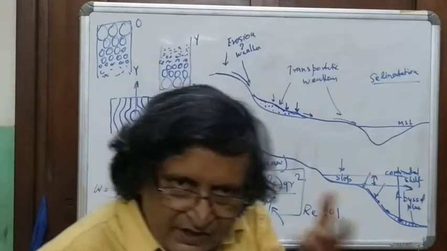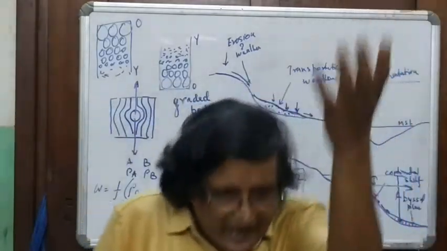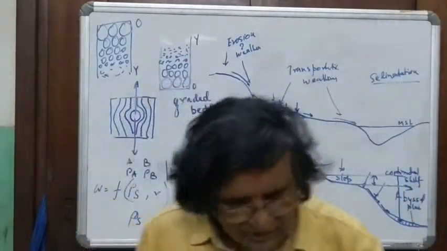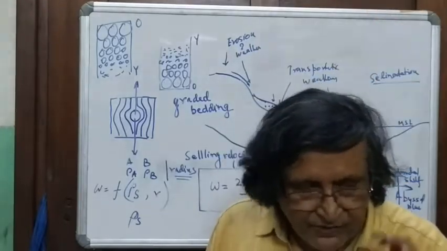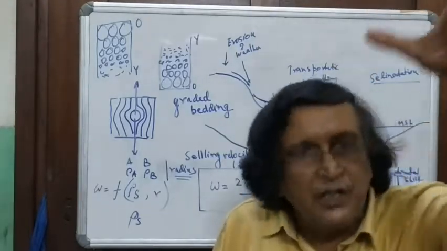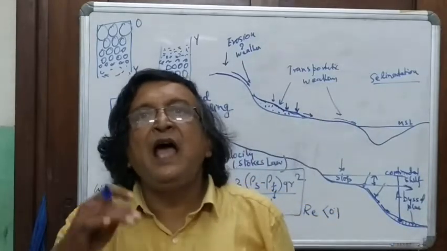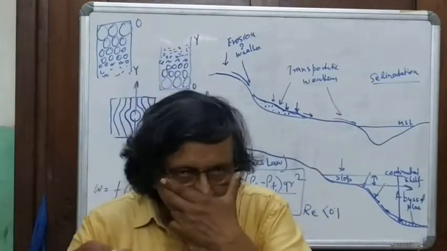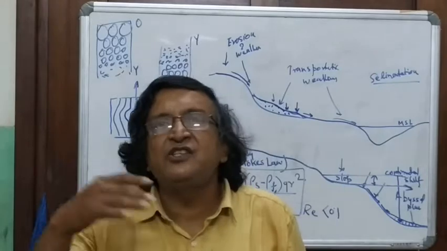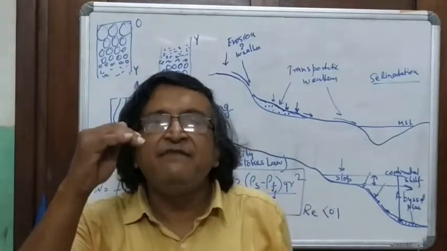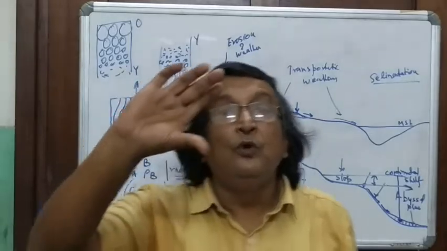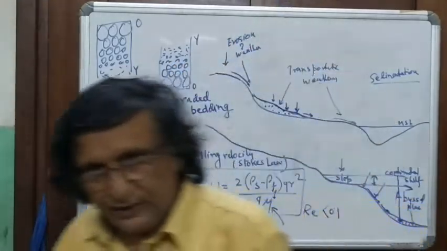If they have different densities, then the one with the heavier density will deposit first and form a layer, and the ones with the lower density will appear at the top. So you will have a bedding, you will have a gradation, but this gradation has got nothing to do with the size. It has everything to do with the density of the material.